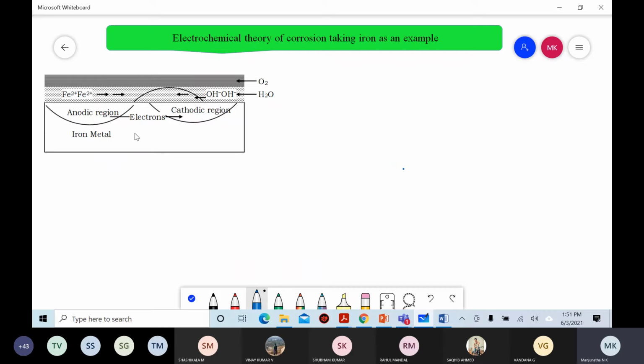Once iron metal or any metal is exposed to a conducting medium, meaning in the presence of oxygen and moisture, some portion of the metal behaves as anode and some portion behaves as cathode. This is the first postulate.